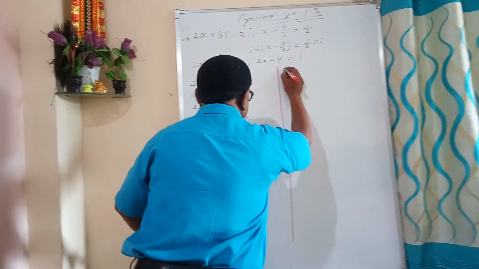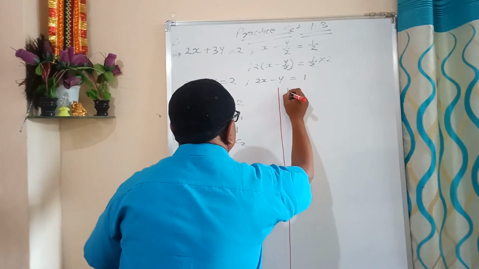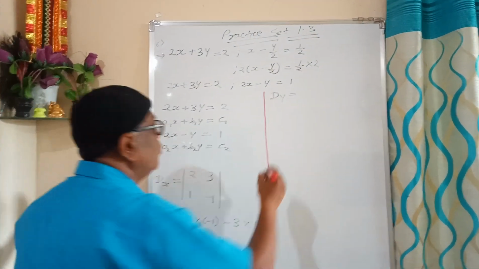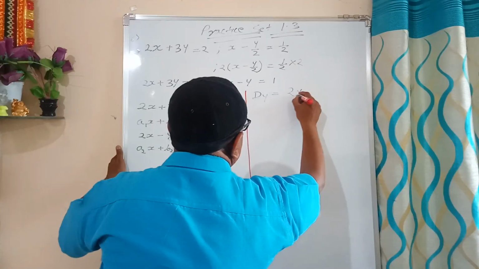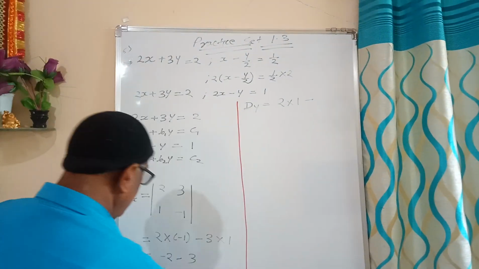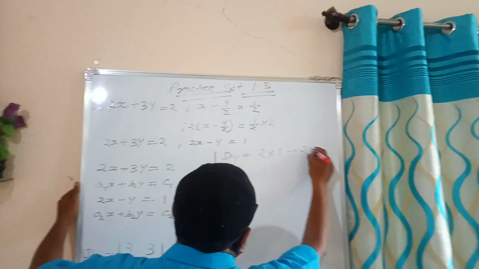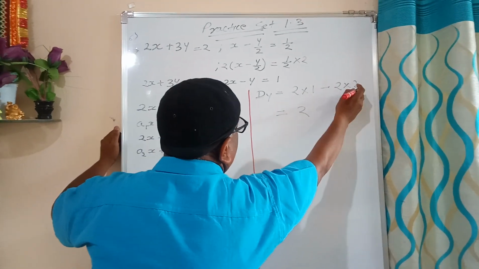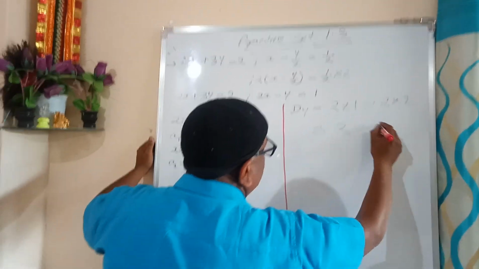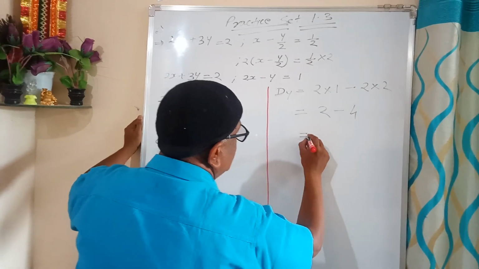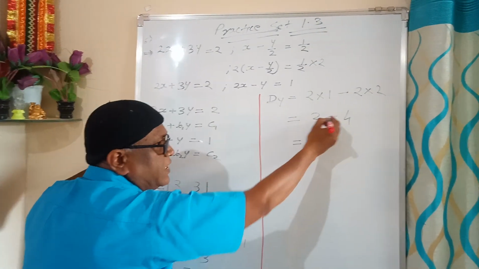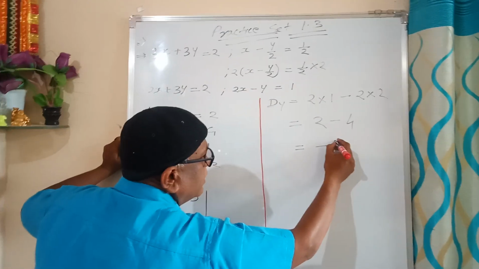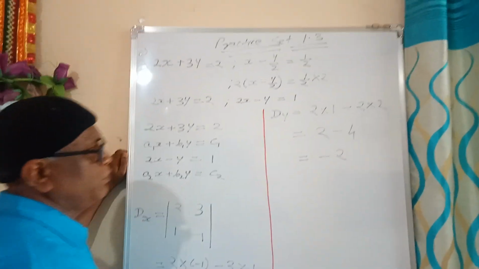Dy is equal to 2 into 1 minus 2 into 2, which is equal to 2 ones are 2 minus 2 twos are 4, which is equal to plus and minus, subtract it but keep the greater number's sign, 2 minus 4, that is minus 2.